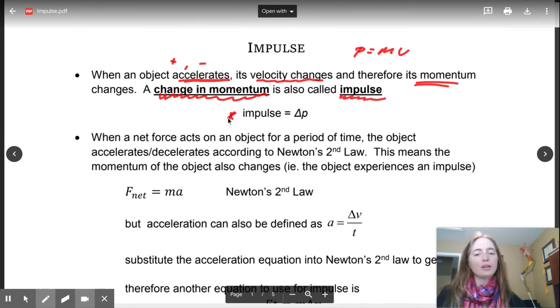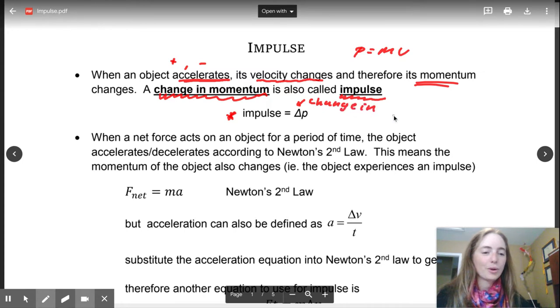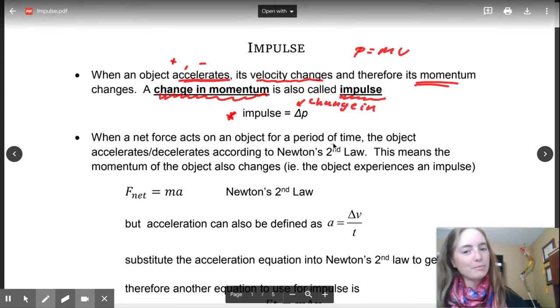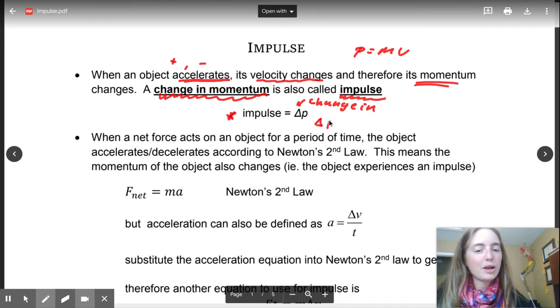So this little bit here is not on your data sheet. Okay, you need to know that impulse is equal to delta p. Remember from Physics 20 that delta means change in. Okay, so remember that when you have a delta, it's going to mean momentum.